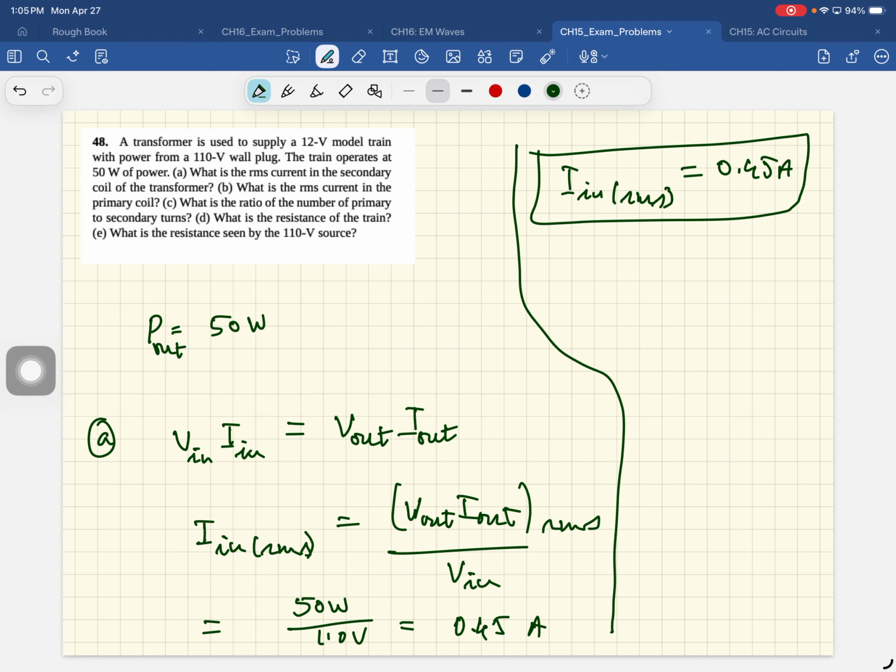And then part B, what is the RMS current in the primary coil? That's what we found. So we'll call this B. And A is, what is the RMS current in the secondary coil? They give you power 50 watts.